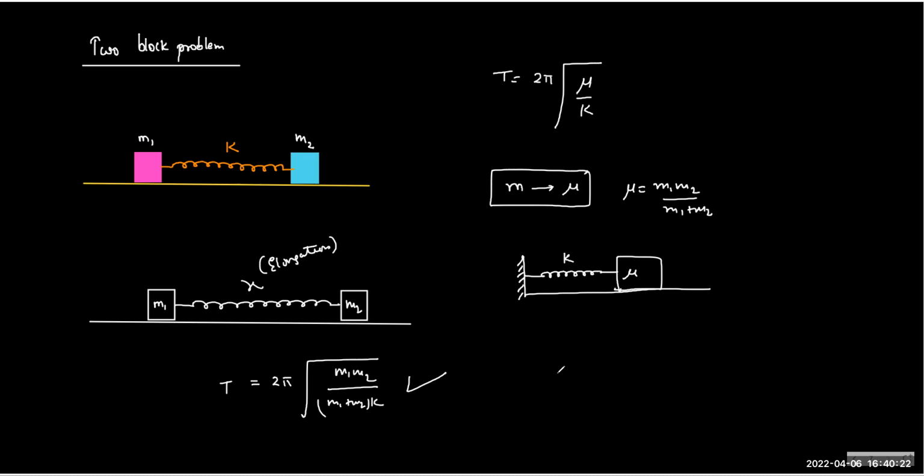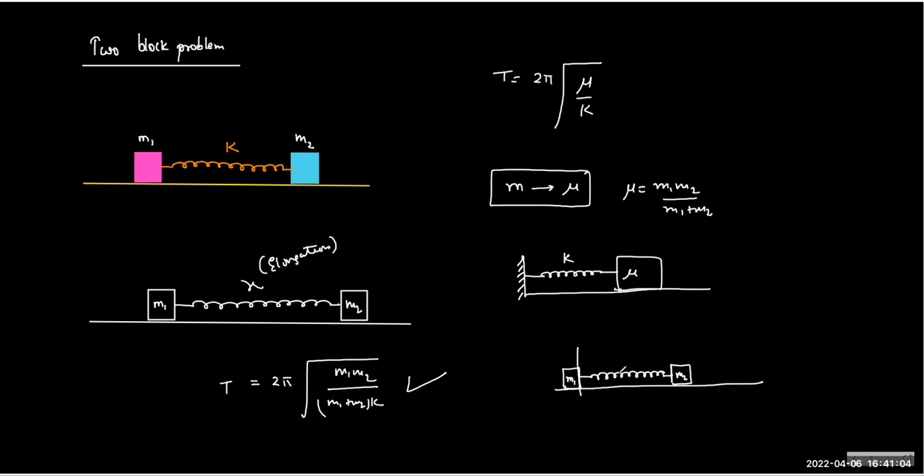Now, how to solve this? Let's say if I choose M1 as the wall, so this is like a wall.